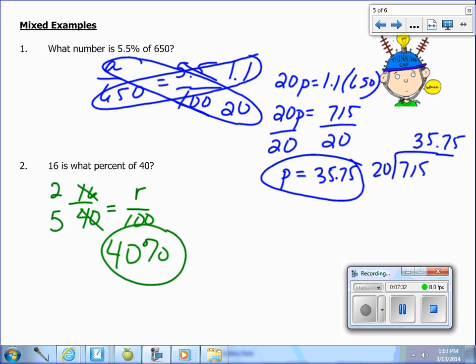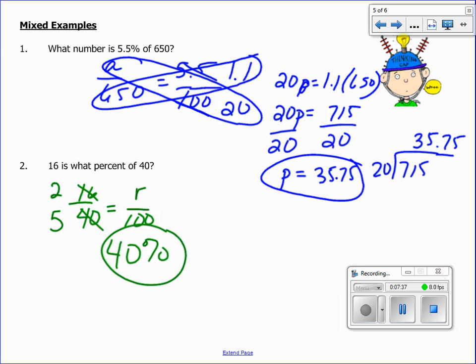I used cross products, so that should be 20A is equal to 1.1 times 650. Then I simplified 1 1/10 times 650 and got 750. Divided each side by 20.